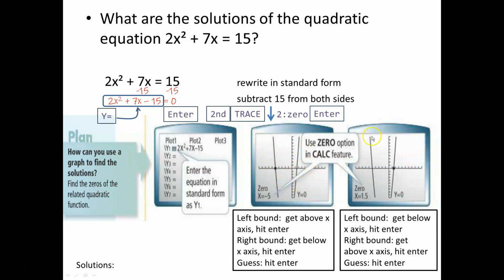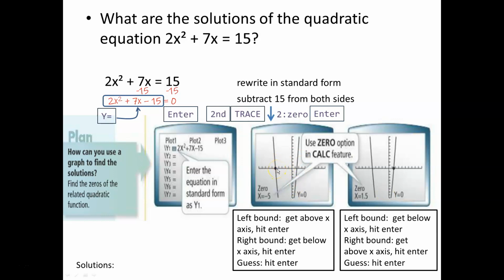When you're trying to move your spider, you're only using the left or right buttons. So if you're at x equals 0, like I am, you're here, so you're going to want to pay attention to this number and pay attention to this number. You want to get this number as close to 0 as you can. So hit the left arrow until your y becomes positive.